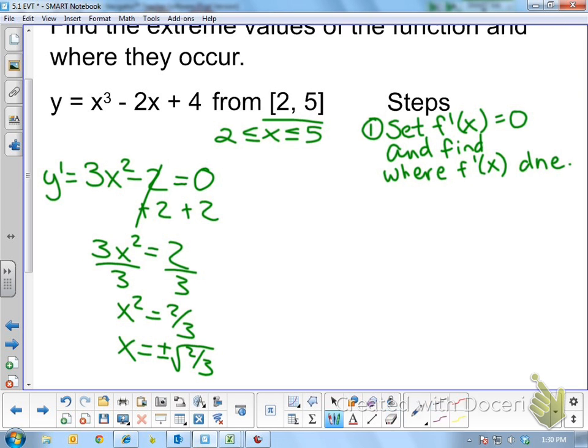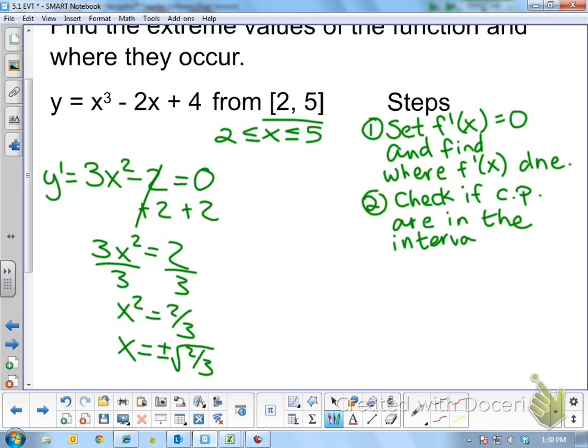The negative one. We definitely don't have any negative values. So the critical points might not even be in the interval. So we need to check if the critical points are on the interval. Usually just write CP for critical points. So negative square root of 2 over 3, definitely out, not on the interval.